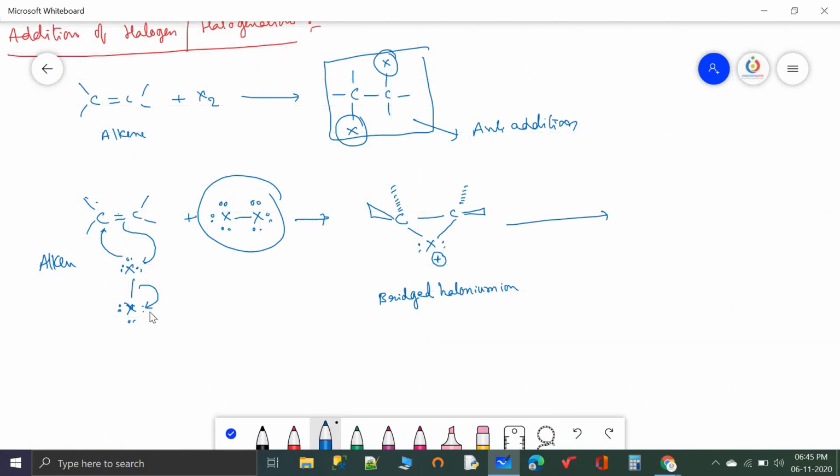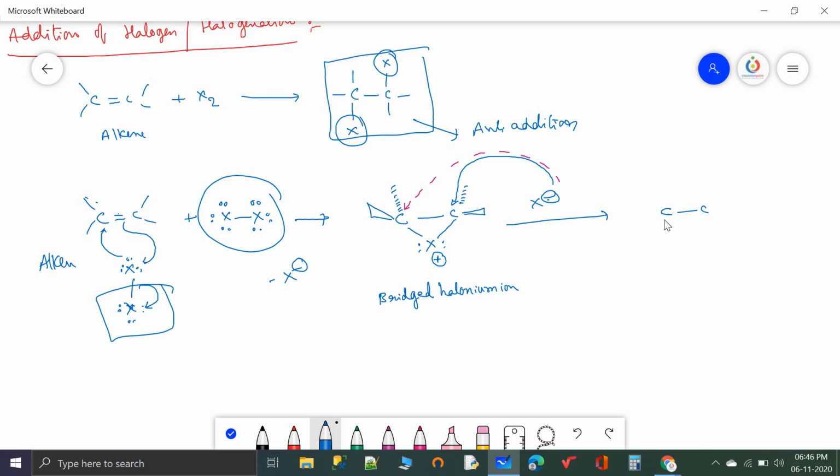So once the bridged halonium ion is formed, this part came out as X minus now. So this X minus will attack any of these double-bonded carbon atoms. It will attack only from the opposite side. It may attack over here or it may attack over this particular carbon also. So we get two products here. The molecule will be like this.